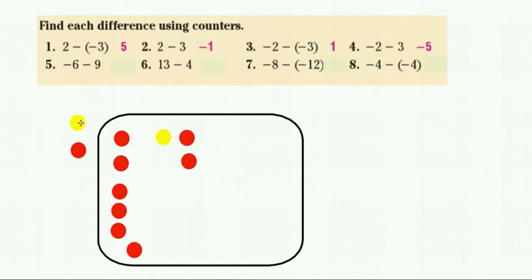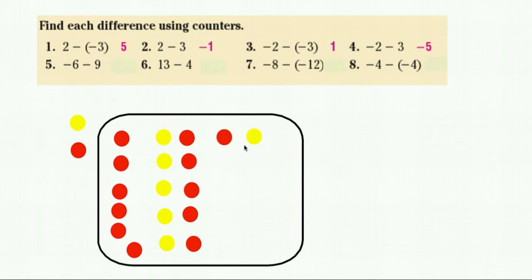Again, reminding ourselves that whenever we add a zero pair, we don't really change the number. This is also the identity property of addition. When you add 0, the number remains identical.